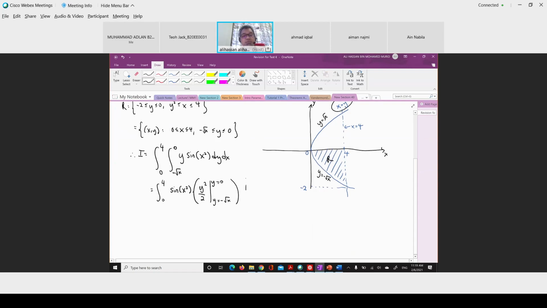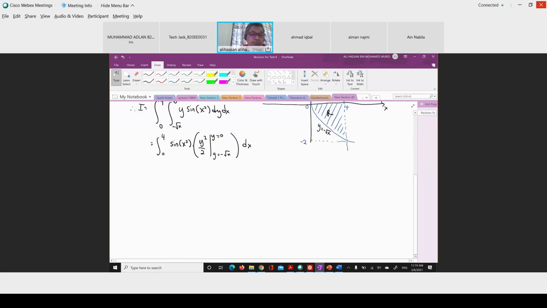Okay, so write down your solution clearly. There's a constant 1/2, I can pull out the constant 1/2, sine x squared. Okay, now we substitute the limits.